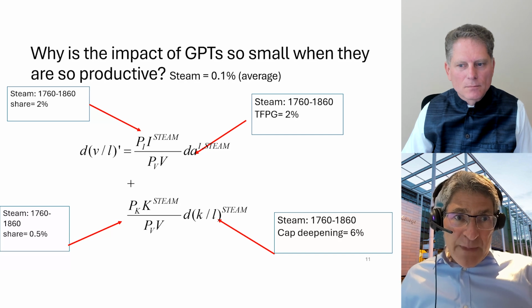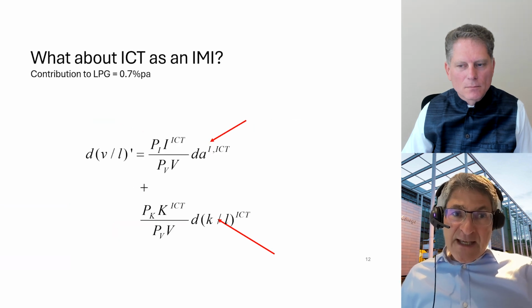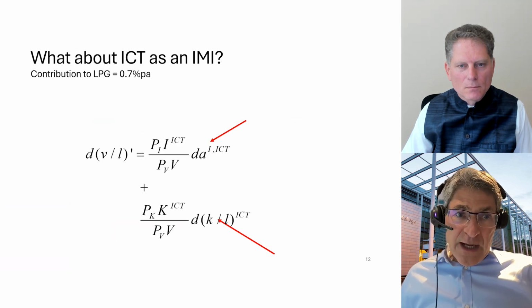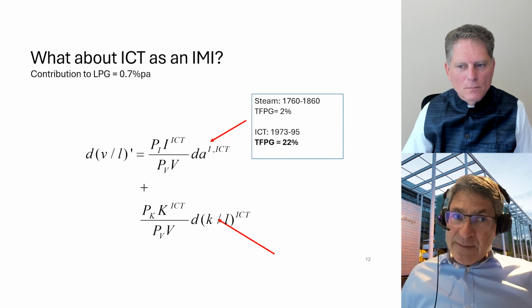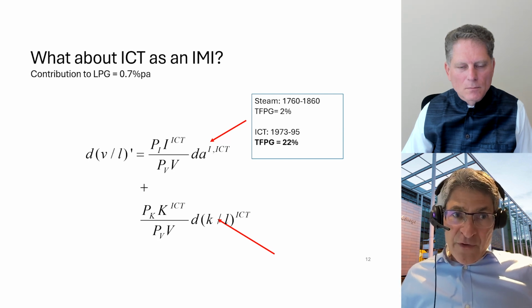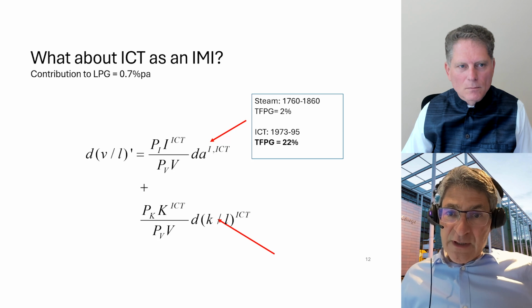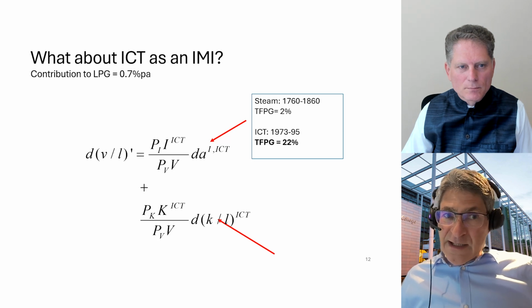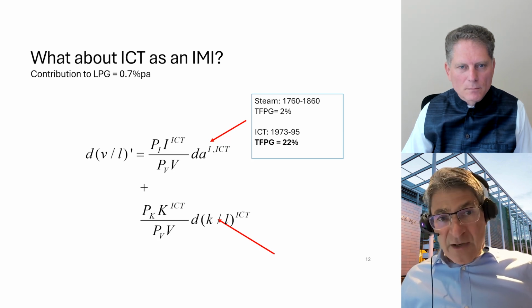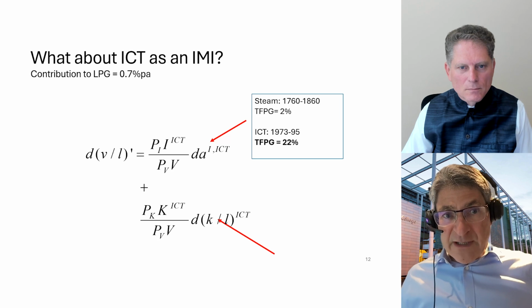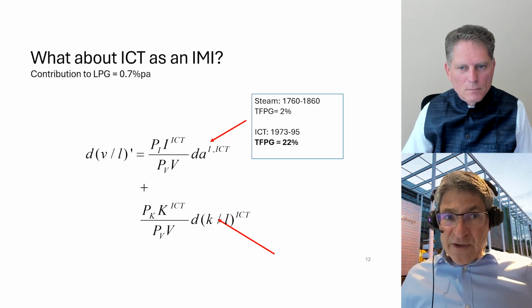Okay, thanks. Let me move on then to ICT, a slightly more recent example. Now, the ICT number is actually much bigger. I've got it up on the top of the slide here, 0.7. Why is it bigger? Well, again, this is an application of this. The first thing is these are Oliner and Sichel's numbers between 73 and 95. TFP was growing at 22%.